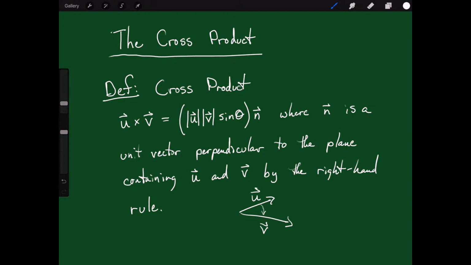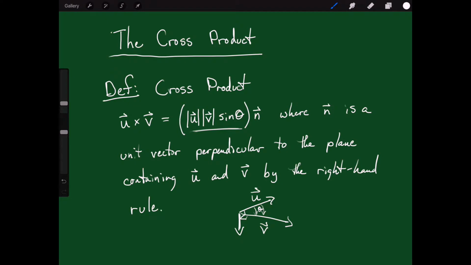So if you think about that, your thumb would actually point down in that situation, and so you would get another vector that is perpendicular to both of these vectors in going downward. Okay. And it would have some length, and that length or magnitude is right here. That's the magnitude of u times the magnitude of v times sine of the angle theta, which is the angle between the two vectors that you started with. Okay, so that's how we define the cross product.